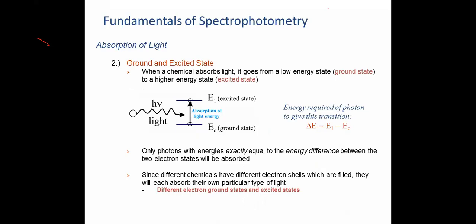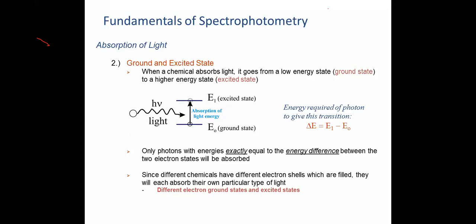So in a simple way, light, that is the photons, get absorbed at the ground state. When the molecule is at the ground state, there is absorption of light. Then next is the excited state, energy state, E0 to E1. So energy is required of the photon to give these transitions.